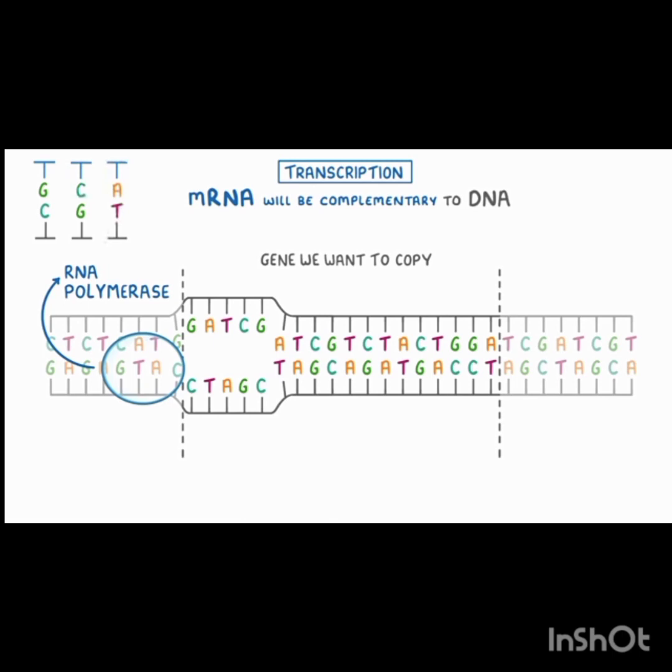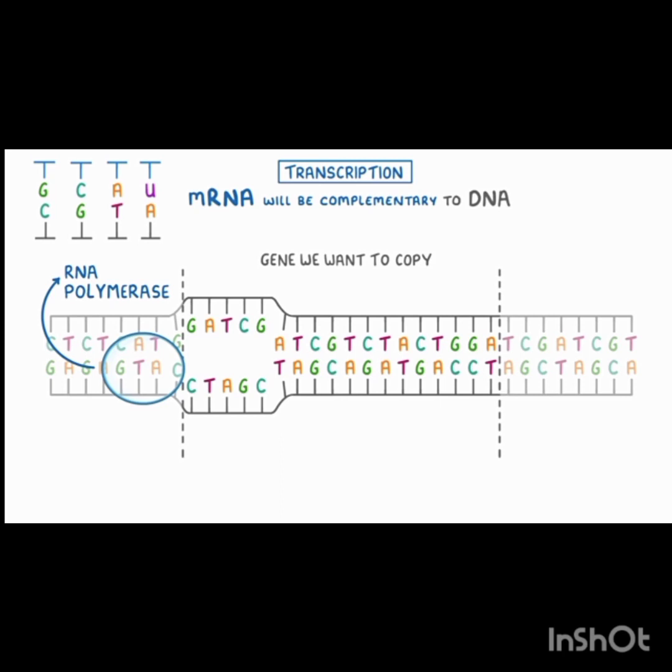See, here in this DNA, cytosine is paired with guanine and guanine with cytosine, but in mRNA it is different because thymine is not there. Adenine in DNA pairs with thymine, but in mRNA, adenine will pair with uracil, because thymine is absent in messenger RNA.